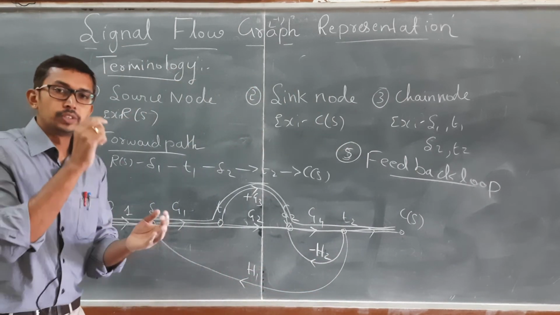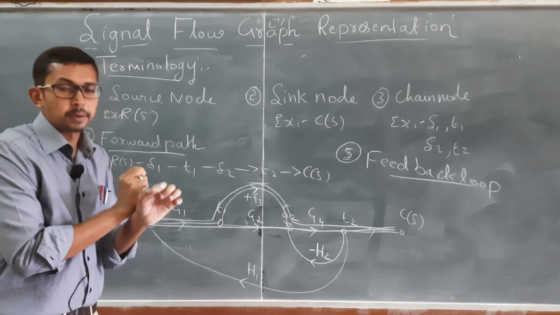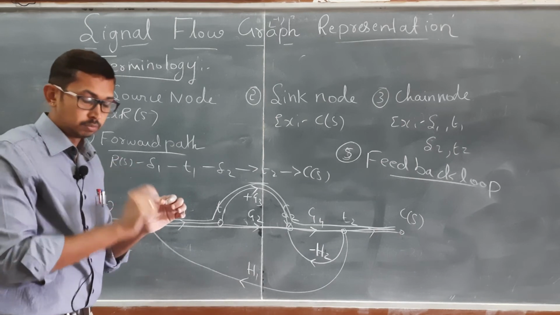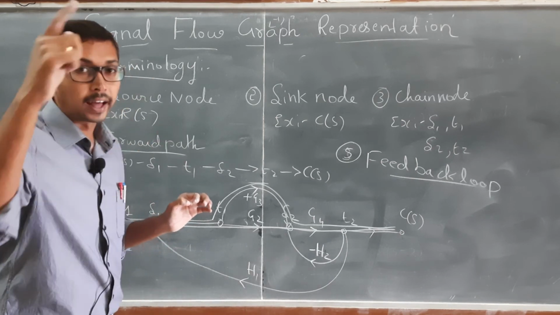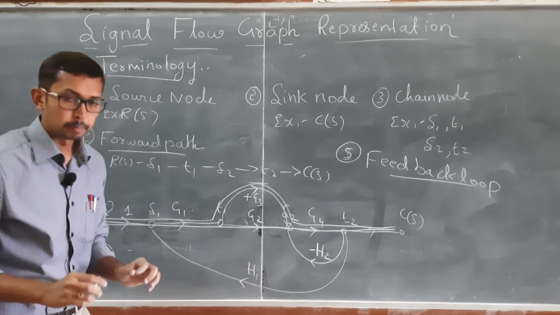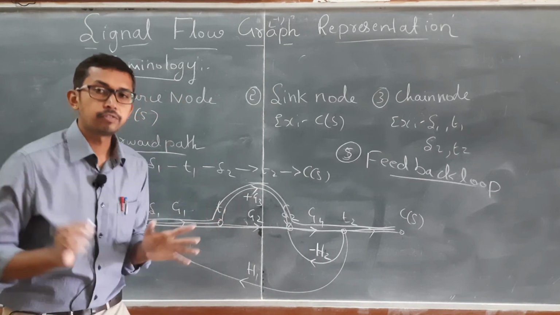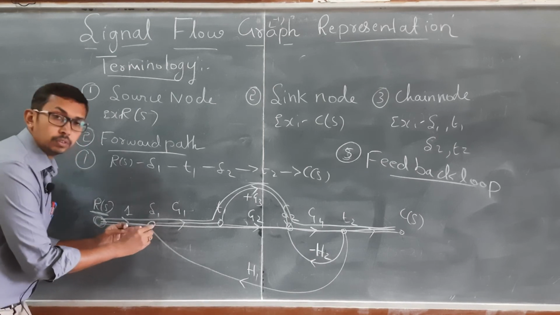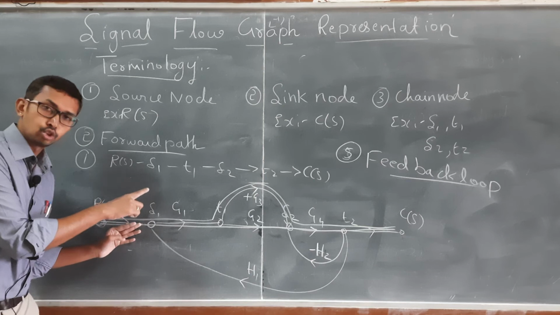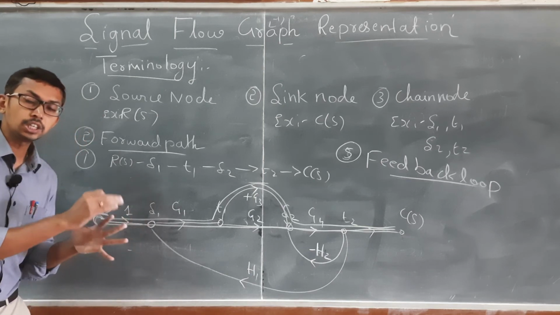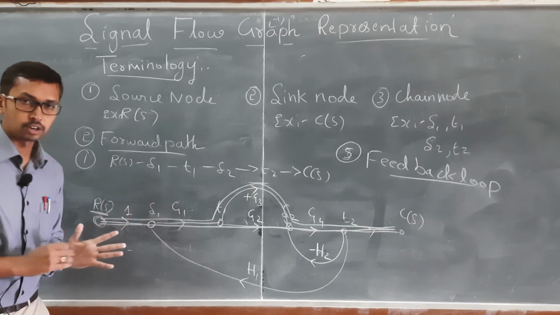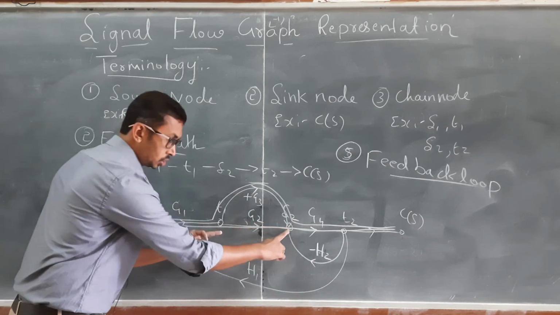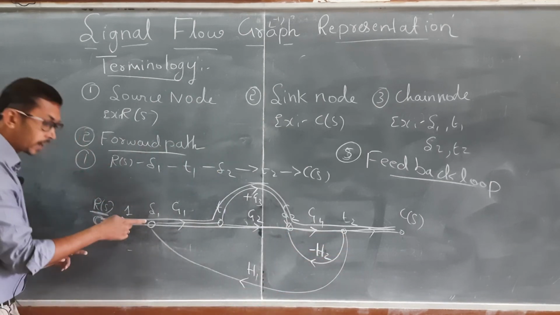The loop which starts and ends at the same point. It should travel through at least one other node. For example, there is a loop which starts from S1 and also ends at S1. At least it needs to travel to another node also. For example, S1, T1, S2, T2 and back to S1.